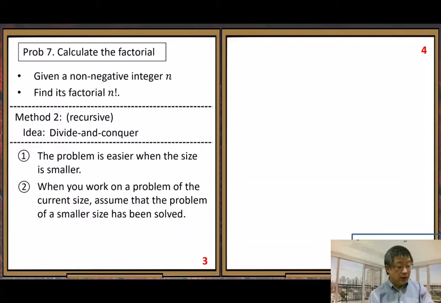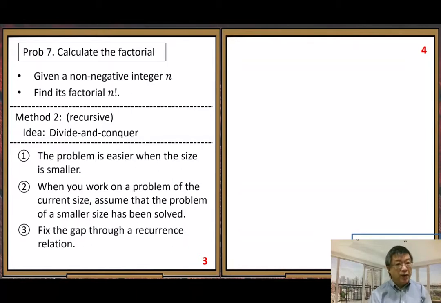The third property: there is a gap. Between the problem of current size and the problem of previous size, there must be some gap. We need to fill that gap, so fix the gap through a recurrence relation.